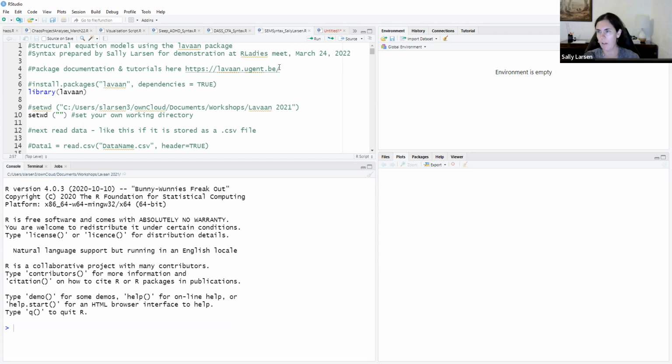And I've just got comments throughout just to try and help you out. I will be demoing the lavaan package, which I really like. And one of the reasons I really like it is because it's got really excellent documentation. And so even for me, a totally newbie beginner a couple of years ago, first attempting this, I went into that tutorial, which you can find here at this website.